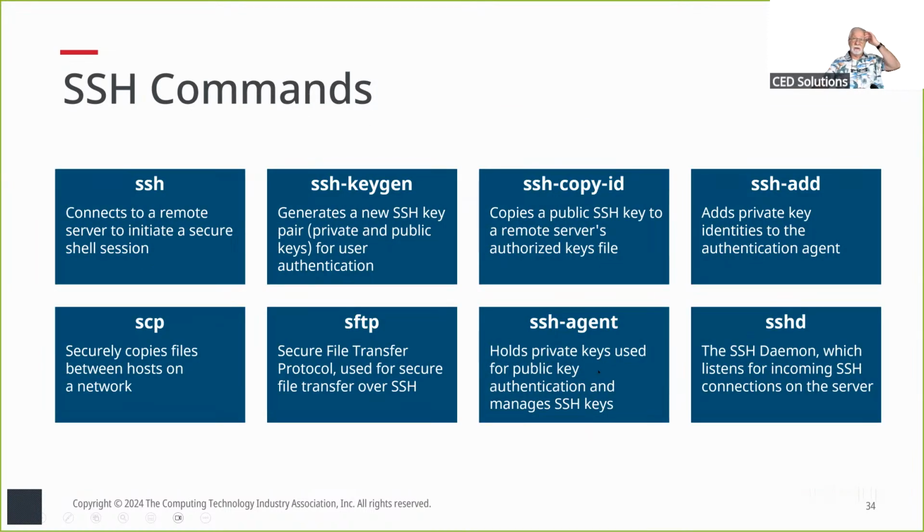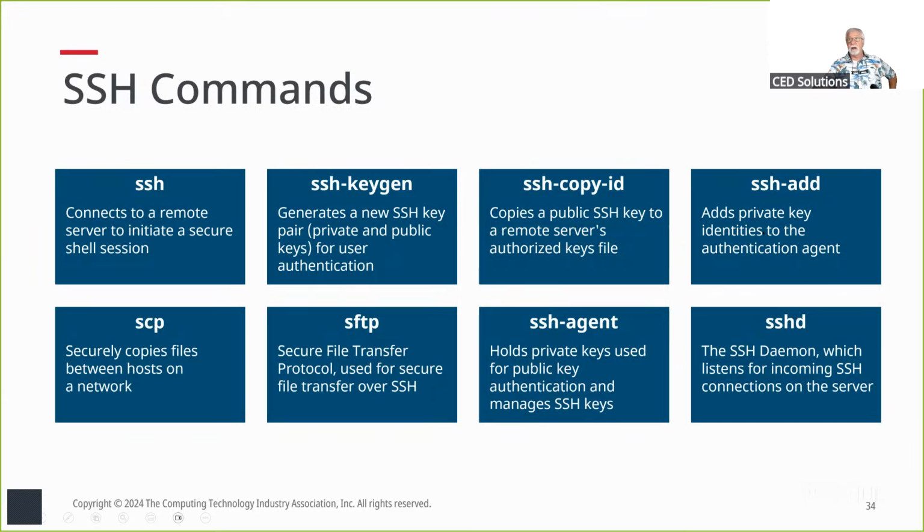Once you establish a connection, there are a lot of different commands that we use. SSH is the initial connection. This is your key generation, public key and private key for authentication. This copies the public Secure Shell key to the remote server, and then that is authorized or validated on the server side.